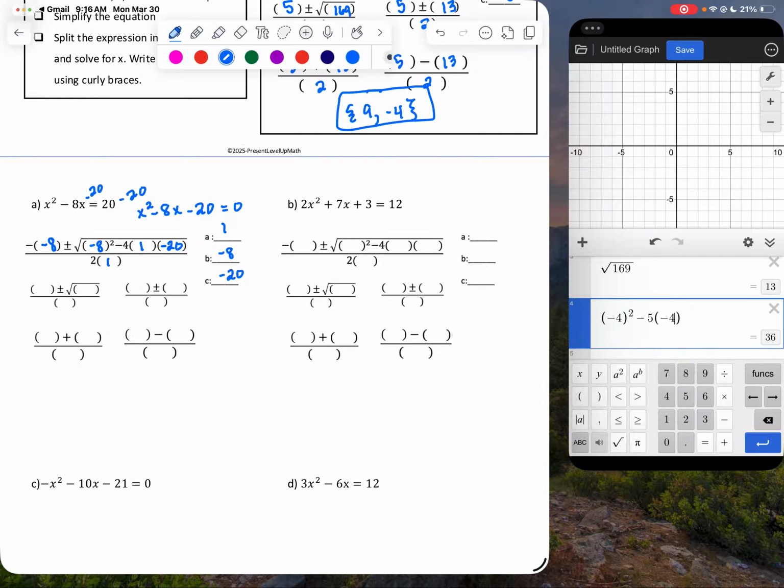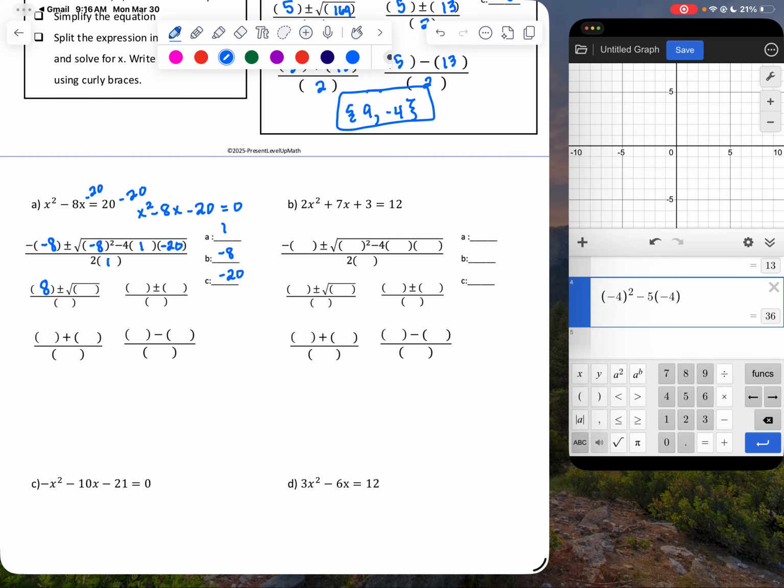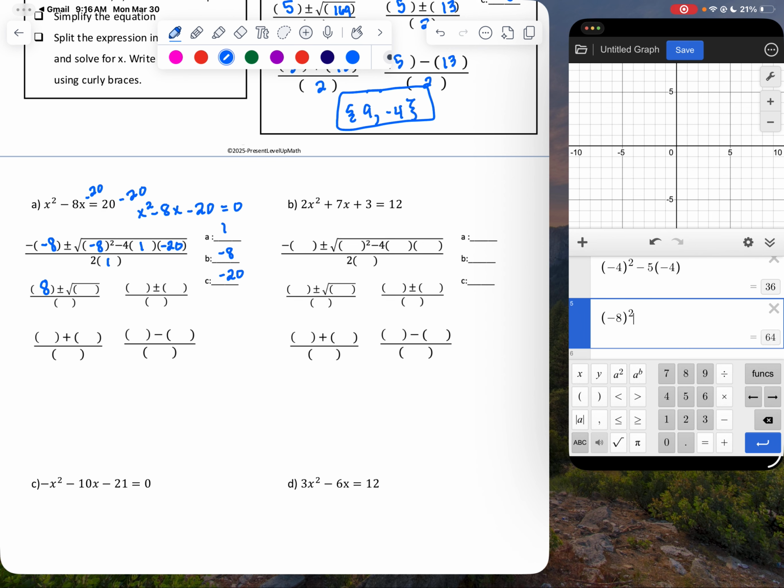Now let's simplify that a little bit. The opposite of negative 8 is positive 8. Now we need to figure out what number goes under the square root. So negative 8 squared minus 4 times 1 times negative 20.